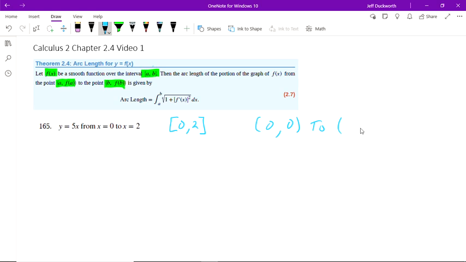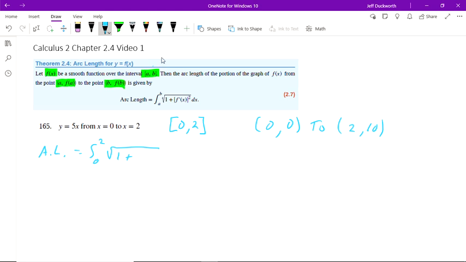And then it's going to be 2, and then 5 times 2 is 10. So this is going to be what we're going to do as far as this goes. But our arc length is AL for short. Our A is 0, our B is 2. We take the square root of 1 plus f prime of x.